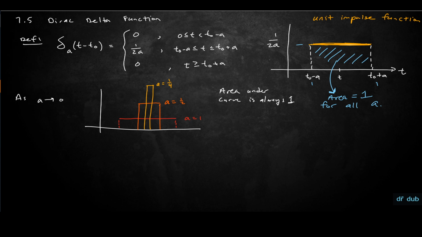So now what we do is we take the limit as a goes to 0 and we define what we call the Dirac delta function.